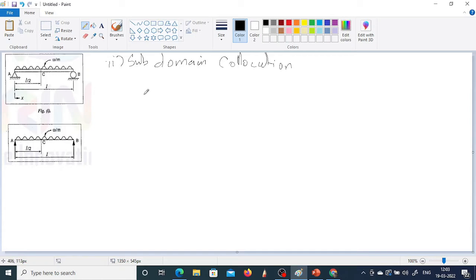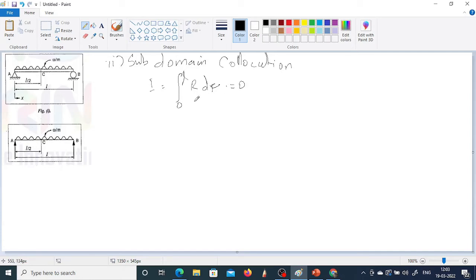In that, what is the formula? Yes, the formula for the subdomain collocation method is I is equal to the integral of R from 0 to L dx is equal to 0.